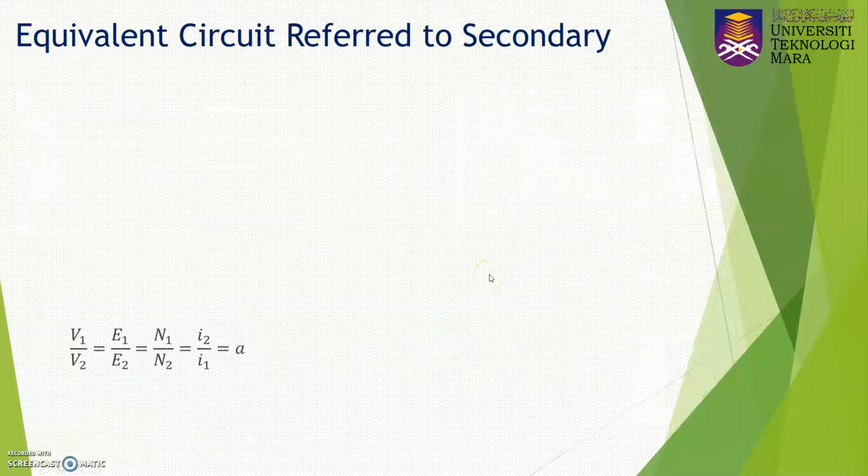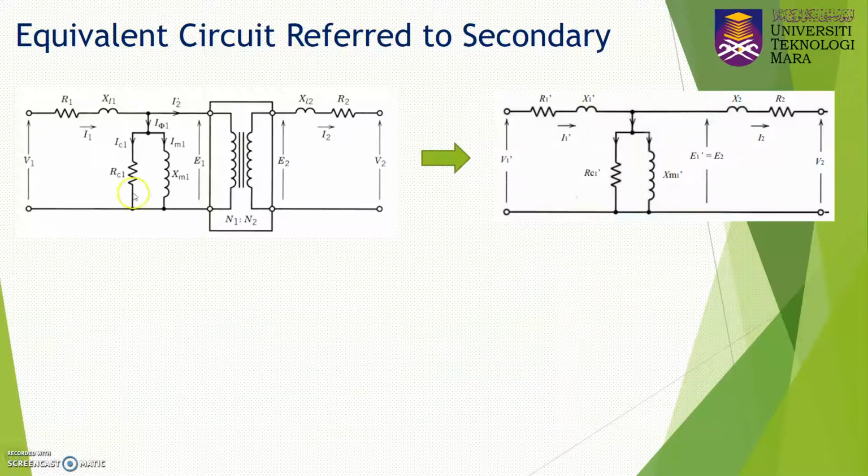And then next, for the equivalent circuit that is referred to the secondary side. The equivalent circuit of the practical transformer can also be represented by this circuit, where in this case, you refer your primary side to the secondary side. So here you have V1 prime, R1 prime, X1 prime, I1 prime, and RC1 prime, XM1 prime.